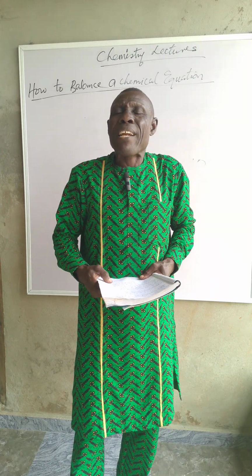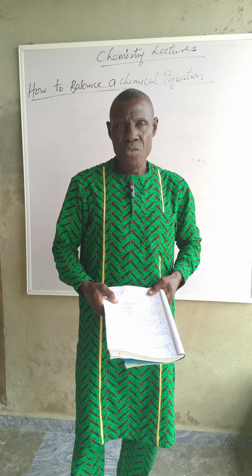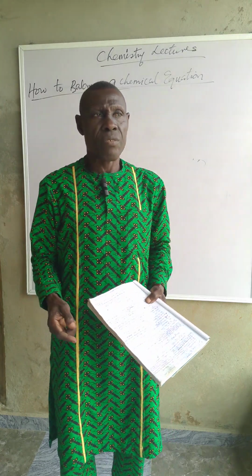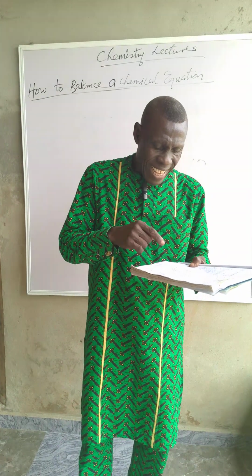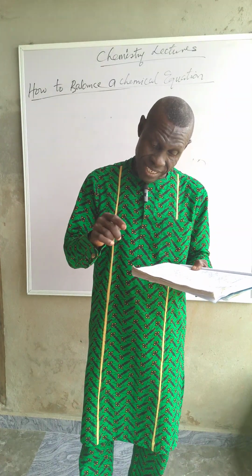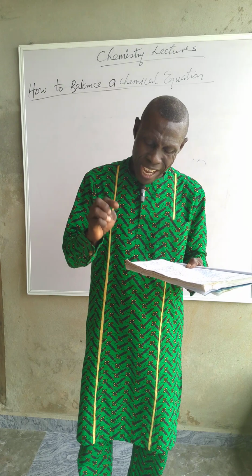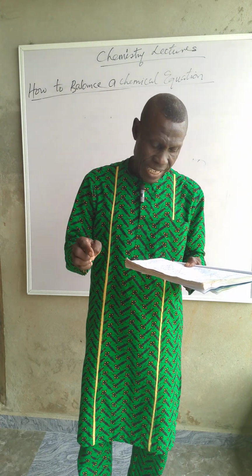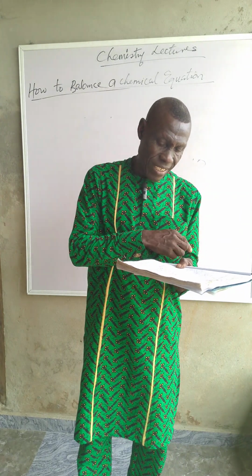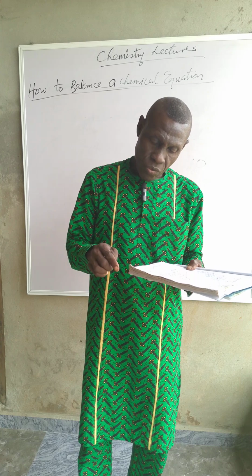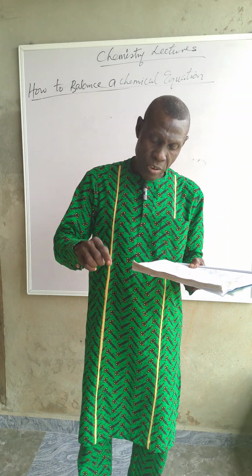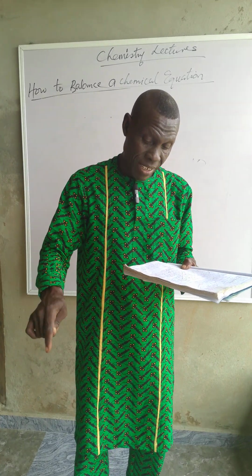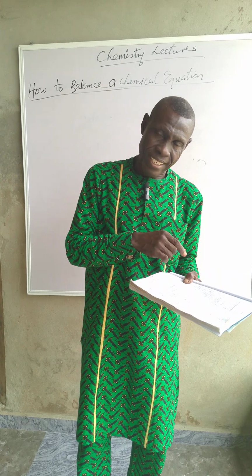Now, what is the meaning of balancing an equation? Balancing a chemical equation means that the number of atoms of elements at the reactant side must be equal, or must be the same, as the number of atoms of the same element at the product side.